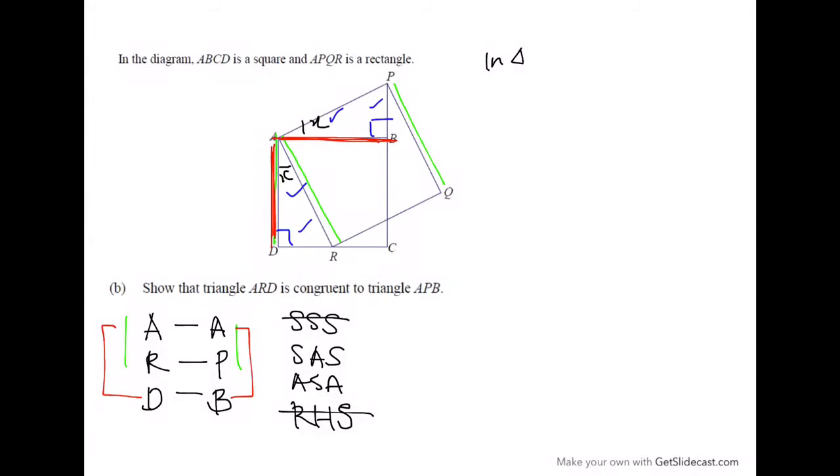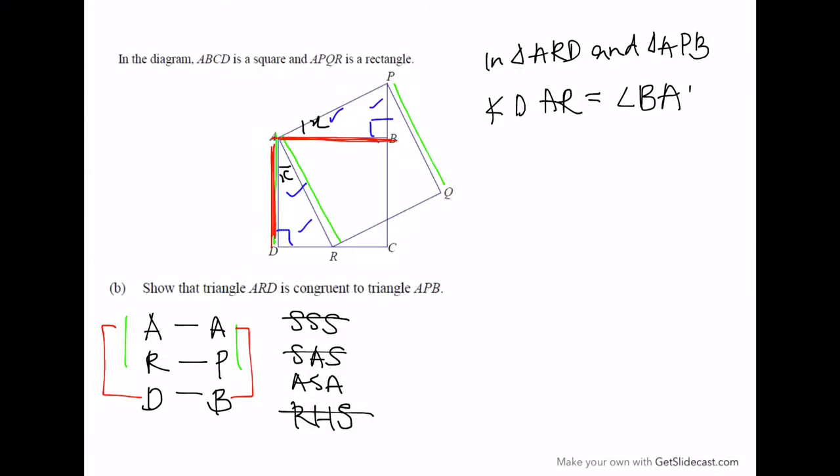In triangle ARD and APB, we will have the first one, the ASA property, the first angle DAR to be equal to the angle BAP.